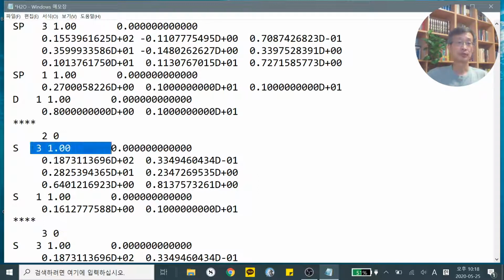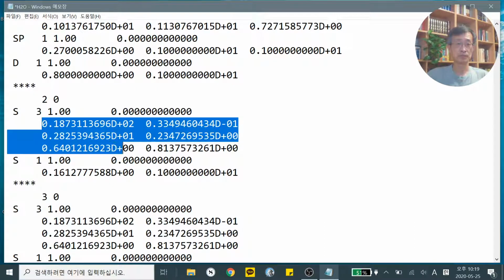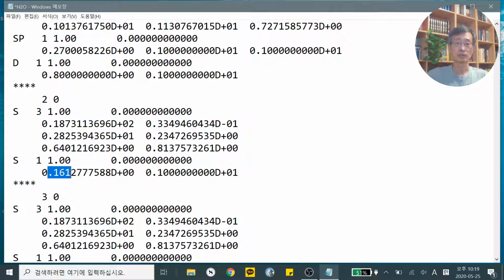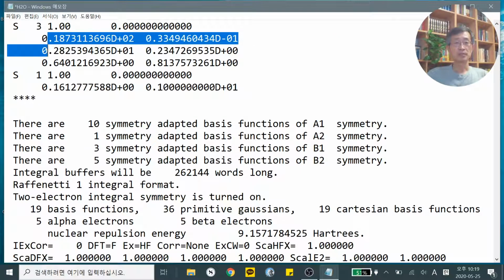So there is no core for hydrogen, so the 3-1 combination is for that electron. So it uses these two sets of the large exponent and small exponent Gaussians. So this is also hydrogen.